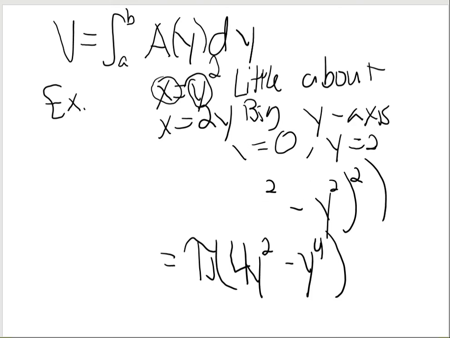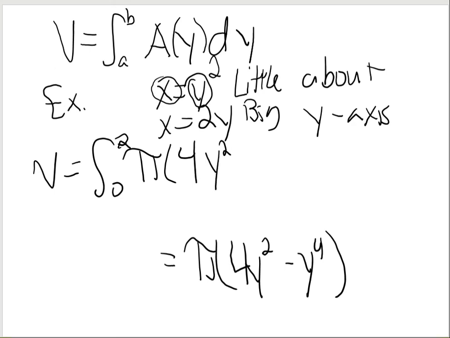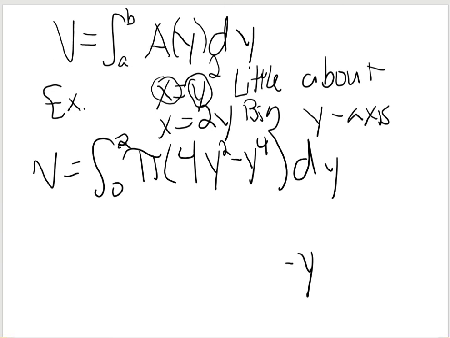So we can compute this volume now as from 0 to 2, for those bounds of integration we solved for before, and then our A dy, because we're revolving with respect to the y-axis, so we should have a dy.